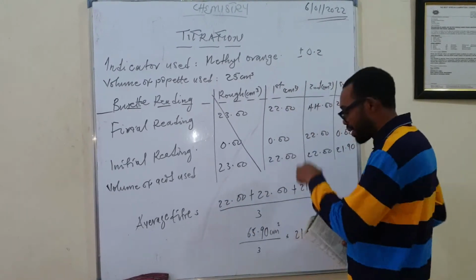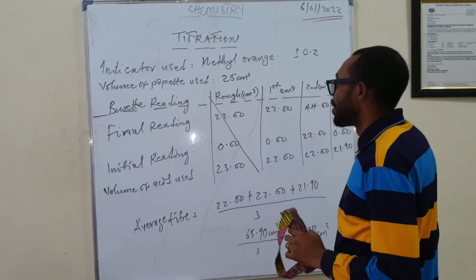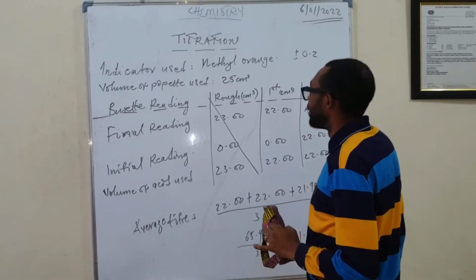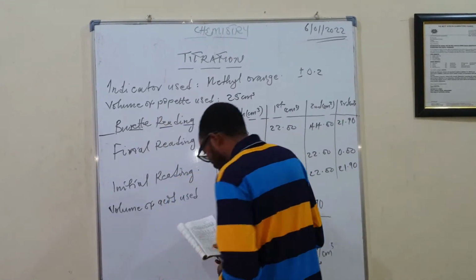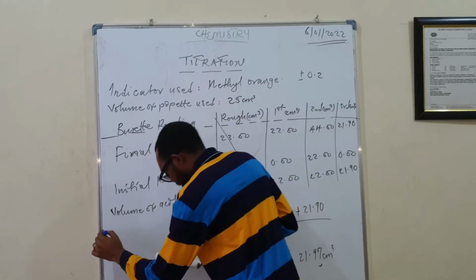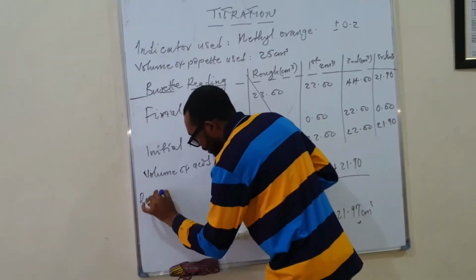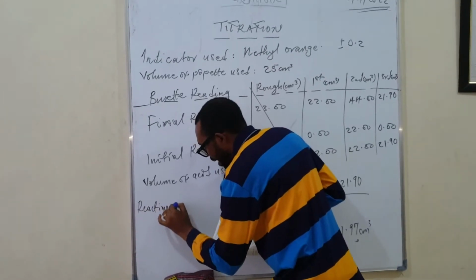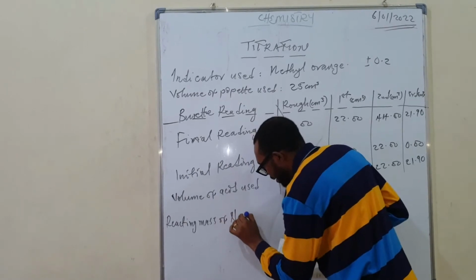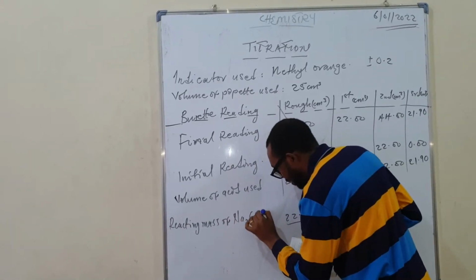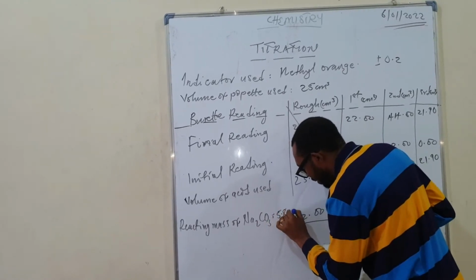So with this, I'm going to give other parameters quickly that will aid us in calculating those parameters that have been asked. Now, in the question, we have been given the reacting mass of the base, the reacting mass of Na2CO3 equals 5.83 grams.